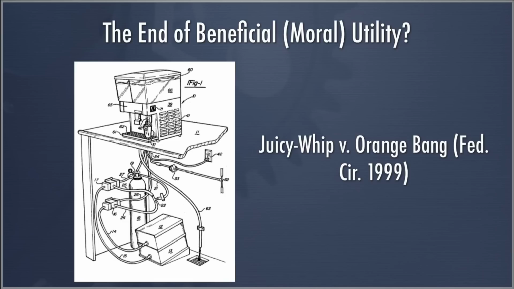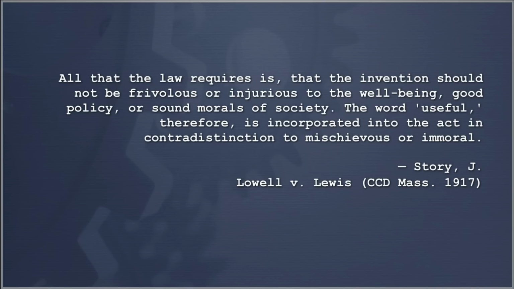So somehow the defendants in this patent infringement case convinced a district court judge that this was a utility requirement violation based on Justice Story's description of what utility means, which is it can't be immoral.